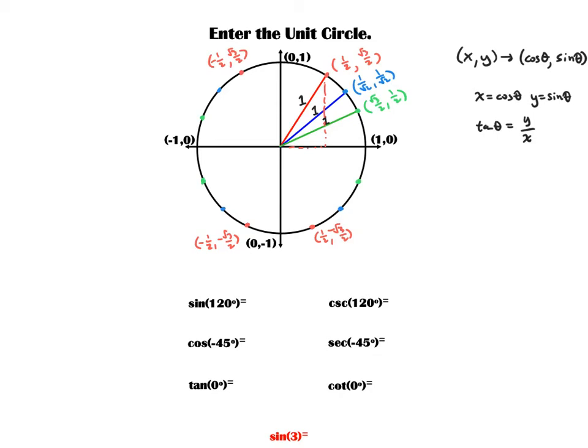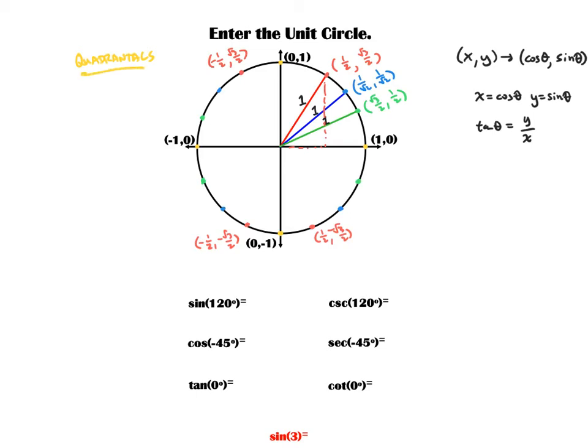So there's a symmetry there. Now, there are some special points. Outside of those red, blue, and green, the only other points that we like to work with are called quadrantals. These yellow points are called quadrantals. Anytime you land on a vertical or a horizontal axis, that's called a quadrantal.